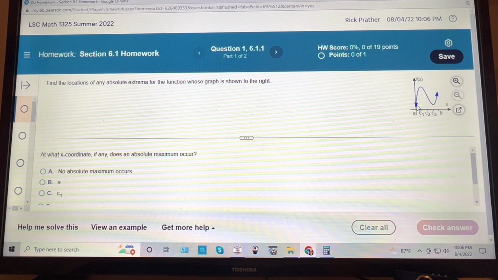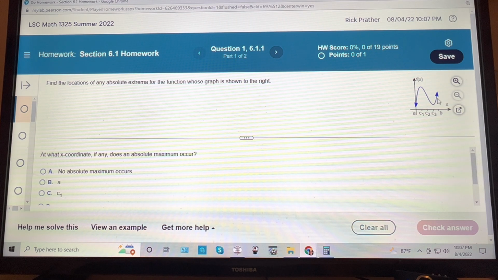If it only goes from A to B, and you have a continuous function, if the interval is closed to where it stops at A and stops at B, then you're guaranteed to have an absolute max and an absolute min inside that interval somewhere.